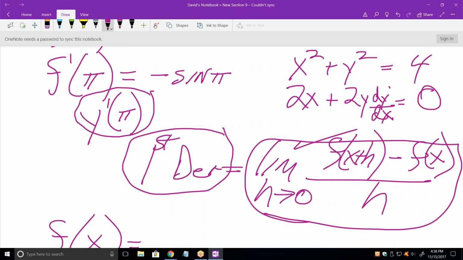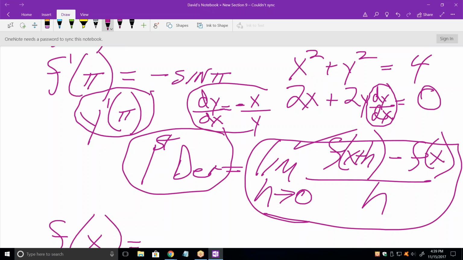Now I differentiate the right side and I get that. Now notice that I can solve for that. I'm going to move the 2x to the other side, and I'm going to divide both sides by 2y. So I'm going to come up with this answer. dy dx equals minus x divided by y. That's what dy dx would be.